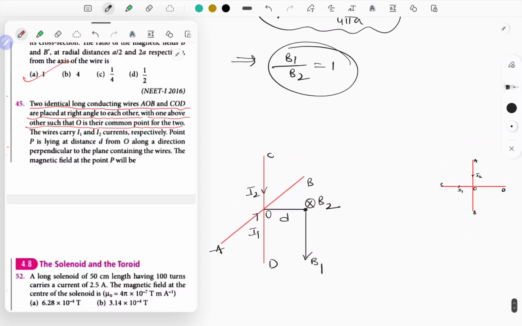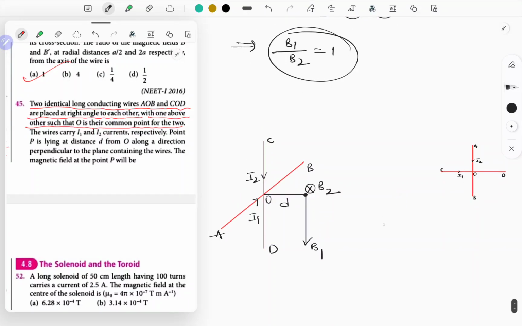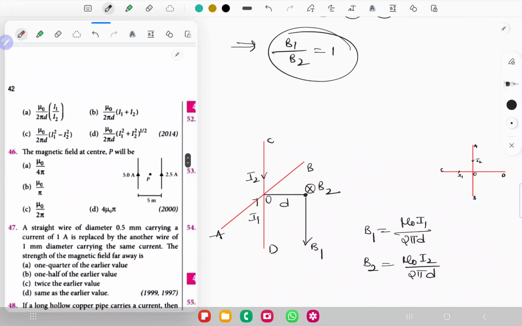Okay, so let me write down the formula directly. As these two are perpendicular to each other, one is into the board, another one is downward. So B1 is equal to mu naught I1 divided by 2 pi D, and B2 is equal to mu naught I2 by 2 pi D. So what's the answer?